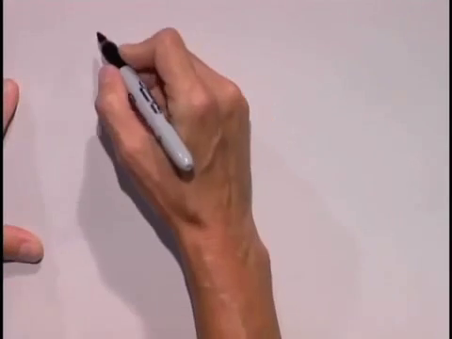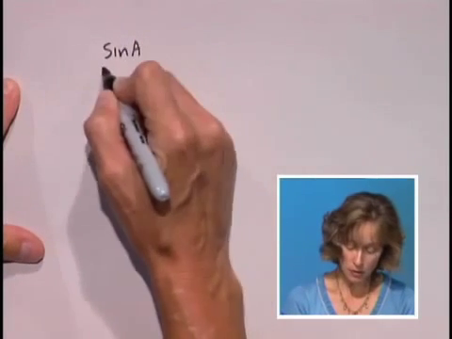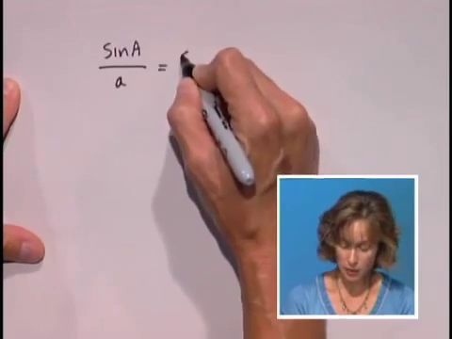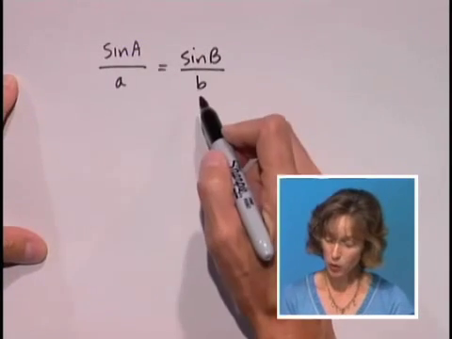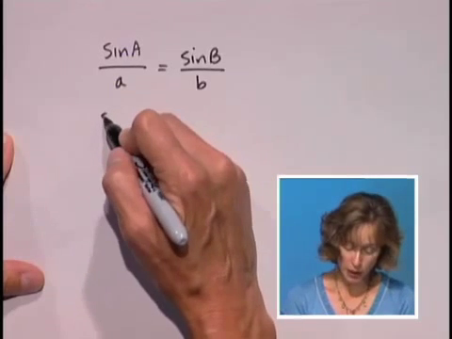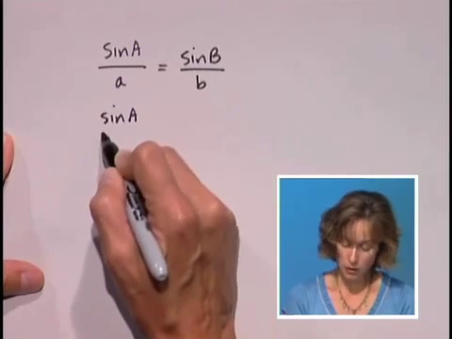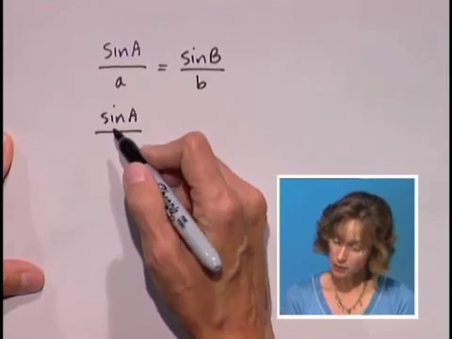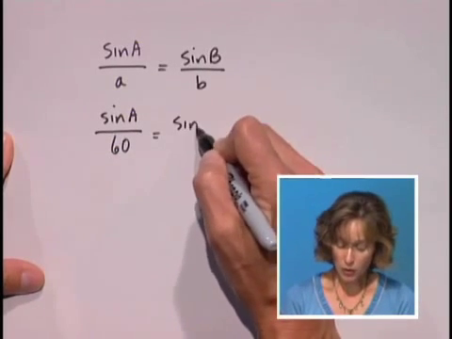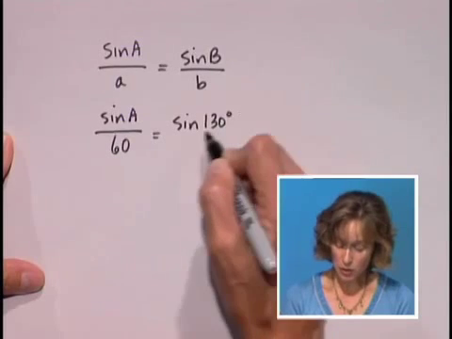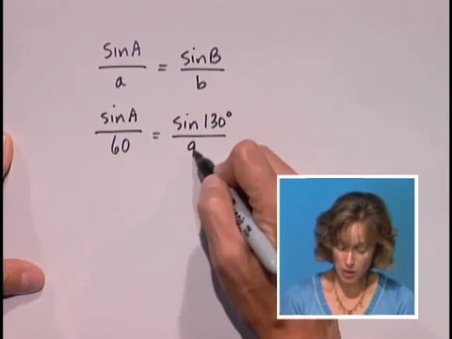So let's put together a law of sines statement. Sine of angle A over side A equals sine of angle B over side B, and fill in what we know. We're looking for angle A. We know side A is 60. We know angle B is 130 degrees, and we know side B is 98.